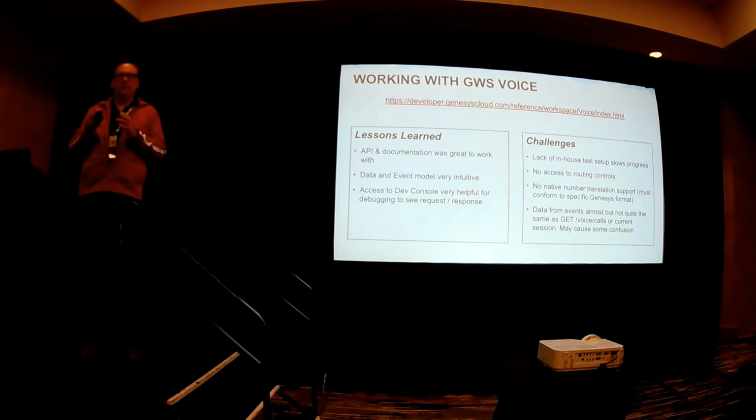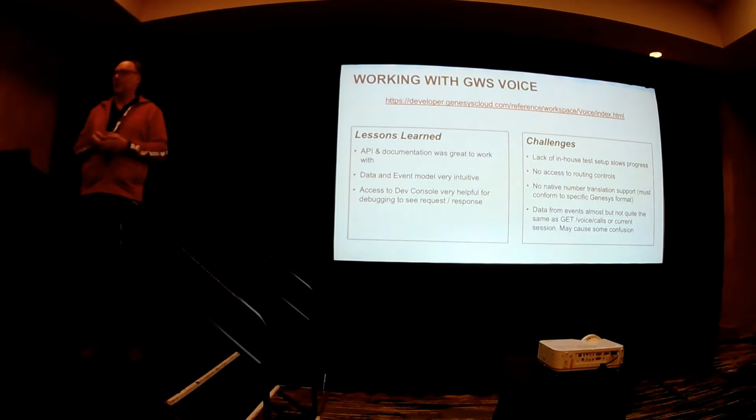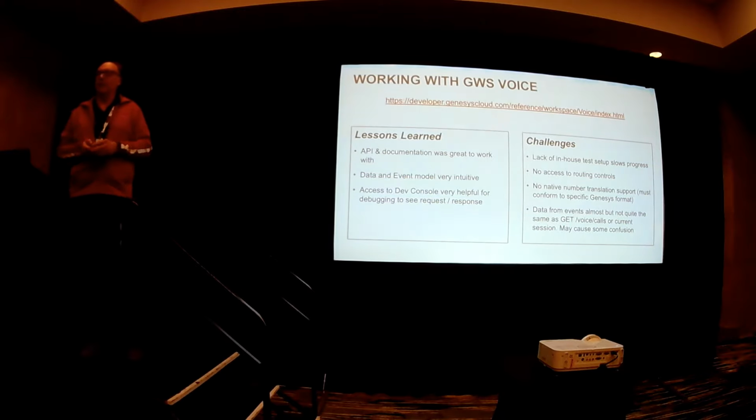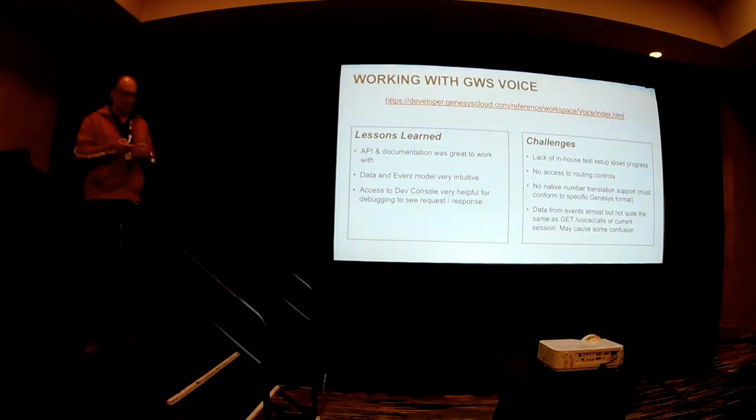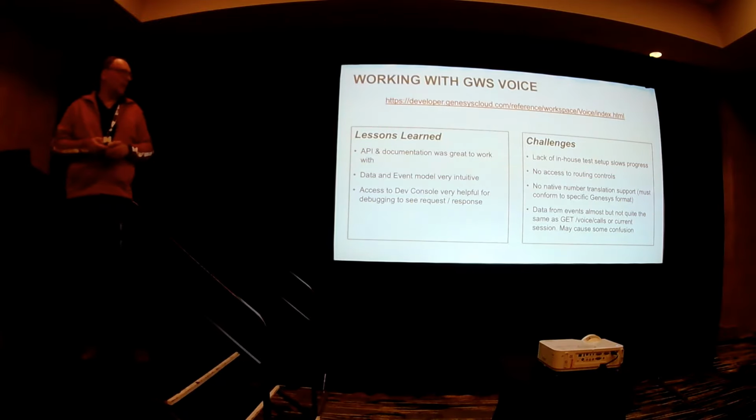It caused a little bit of confusion because the data looks very similar. It's all the same structure, all the same data. You're just missing a little bit of data. Once we realized what's happening, it's perfectly fair. At the time the event expired, maybe Genesys doesn't have the information to provide that piece of data. But it did cause a little bit of confusion as we were developing it.